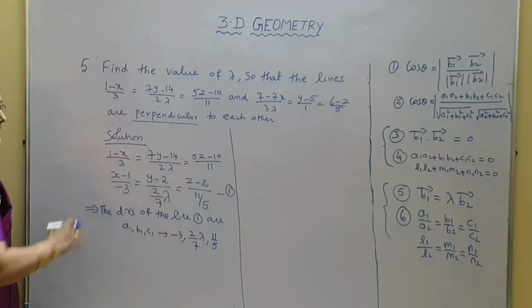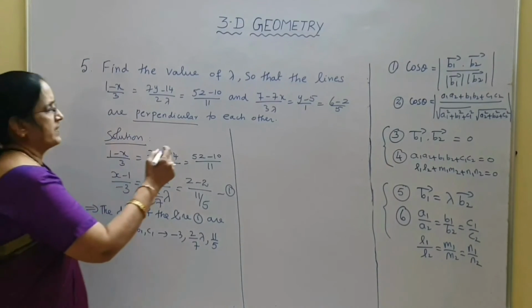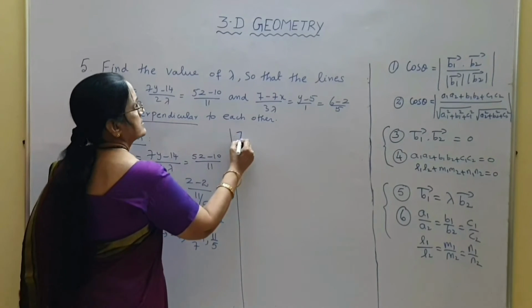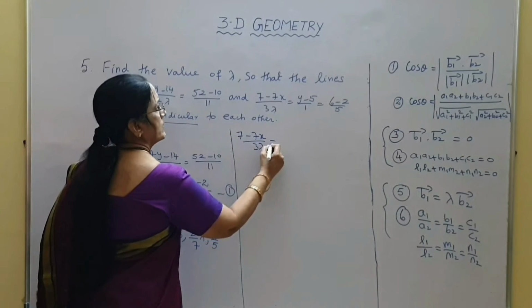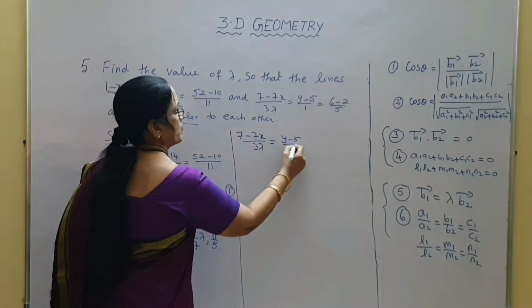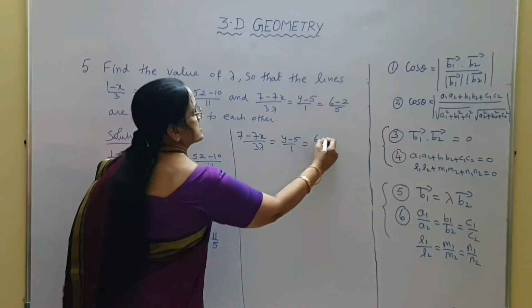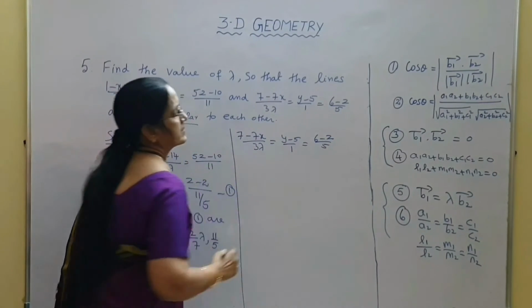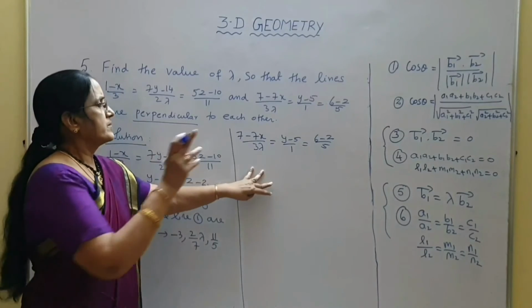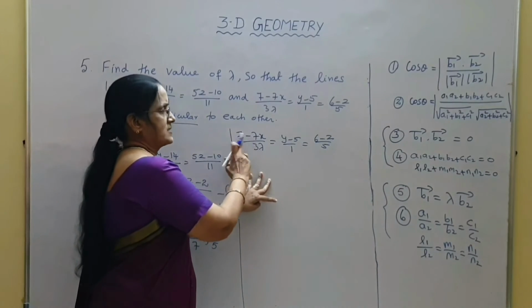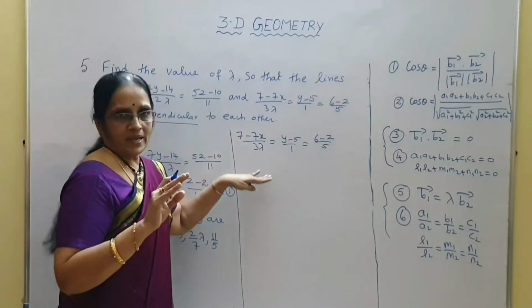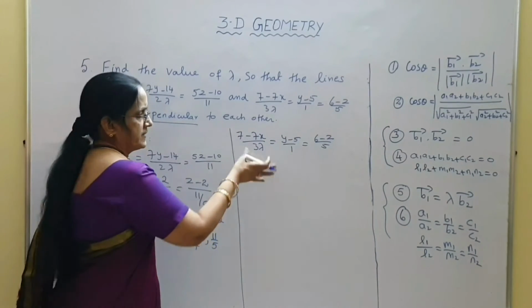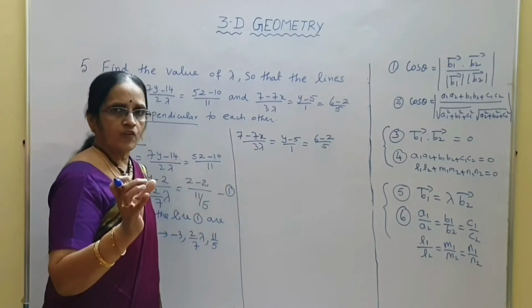Similarly, let us do for the second equation. What is given here? 7 minus 7x by 3 lambda is equal to y minus 5 by 1 is equal to 6 minus z by 5. When you look at it, coefficients of x and z are not 1. So we have to make it 1. Only then it will be in standard form.